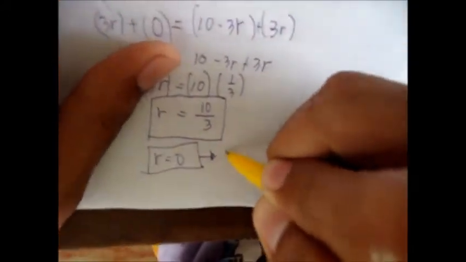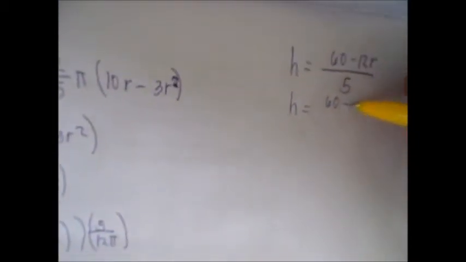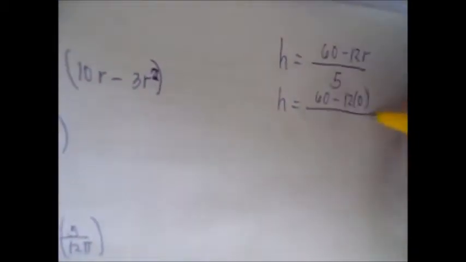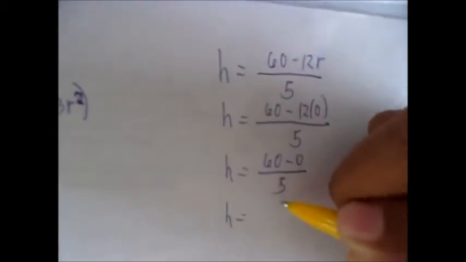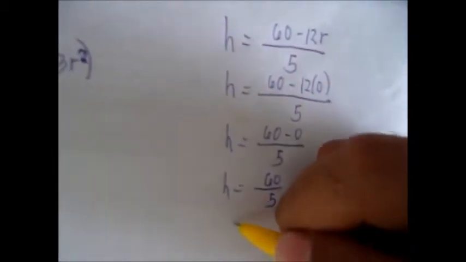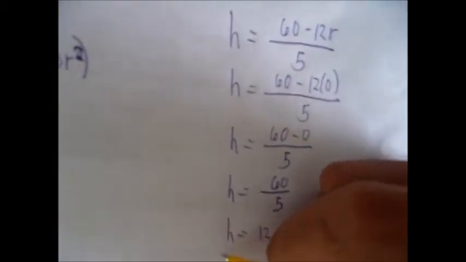So first, h is equal to (60 minus 12 times 0) over 5. 12 times 0 is 0, so h is equal to 60 over 5, and 60 divided by 5 is equal to 12.